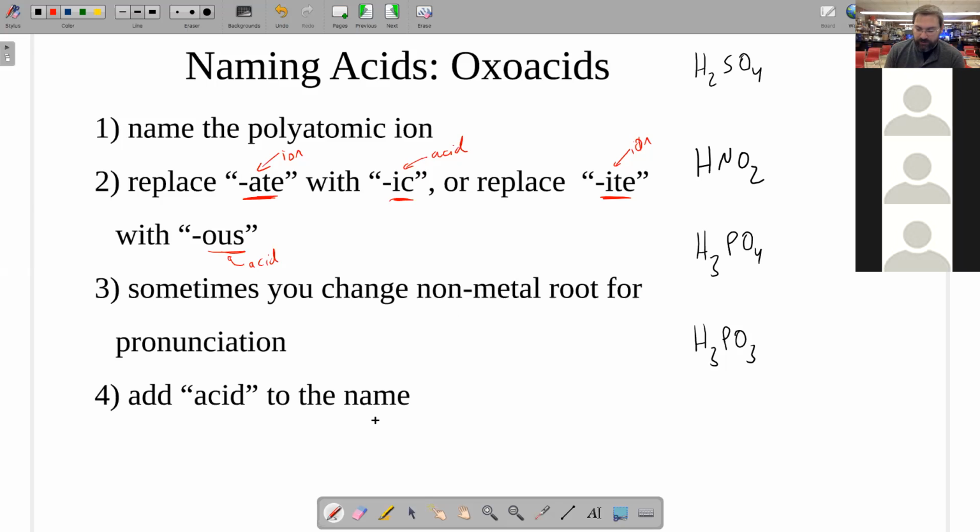So in the PowerPoint, these are the examples that are shown. There's H2SO4, HNO2, H3PO4, and I added H3PO3. You can identify these as oxo acids and not as binary acids because, first off, they contain 3 or more individual elements. And it turns out they all contain oxygen.